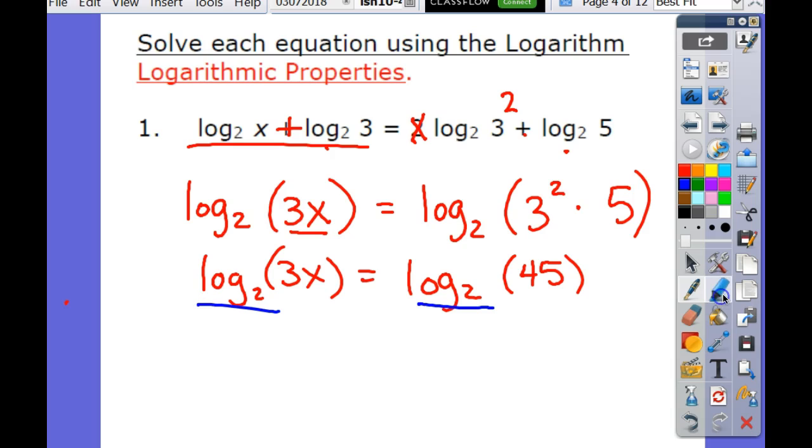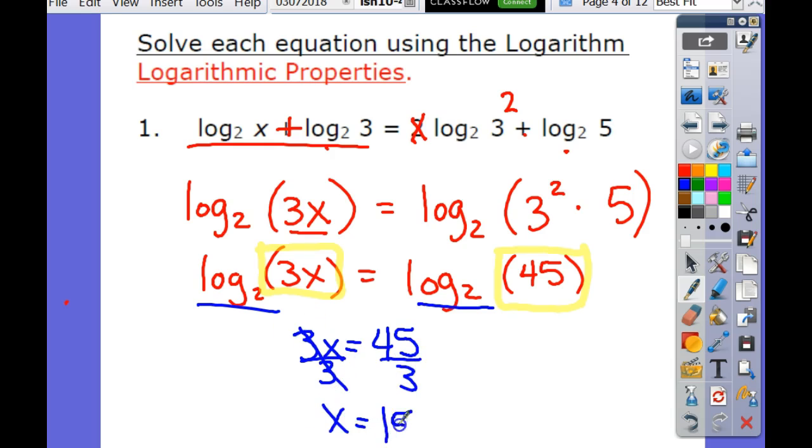So this has to equal that in order to have an equality. The 3x has to equal 45. Can you solve that for x? X is equal to 15.